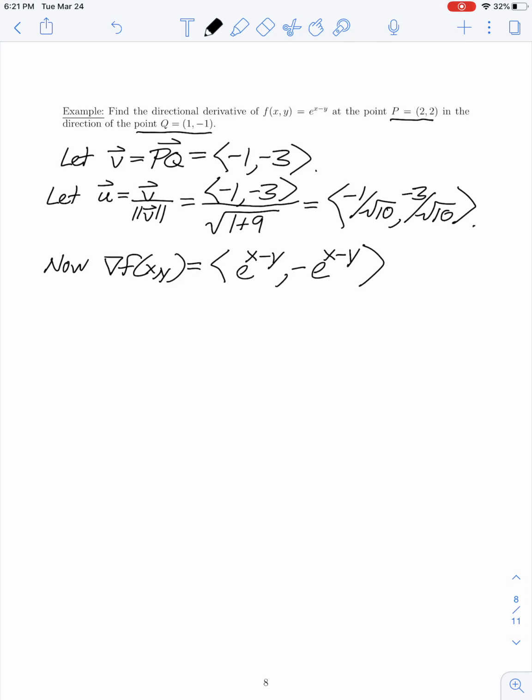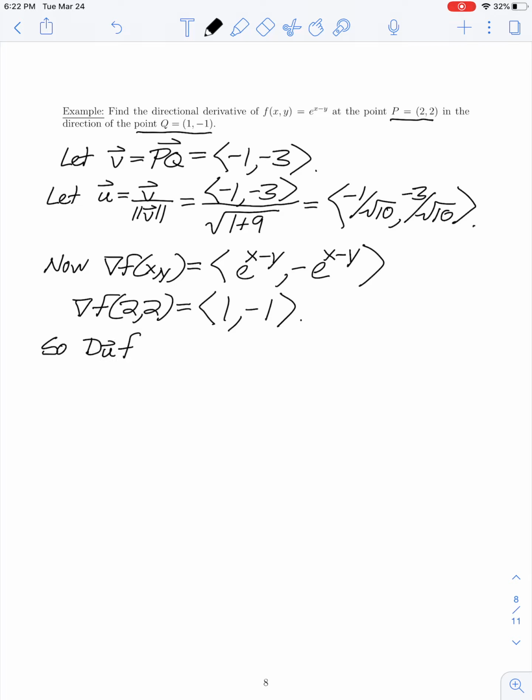And then e to the x minus y times -1 for the partial derivative with respect to y. And we're interested in the value of our directional derivative at the point 2, 2. So let's evaluate our gradient at that point, which would give us e to the 0, or 1, and -1.